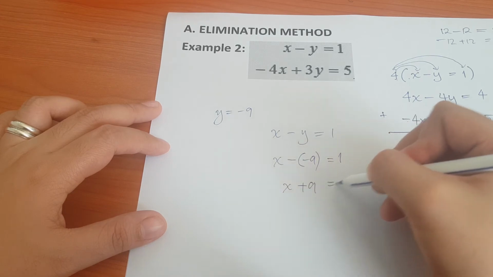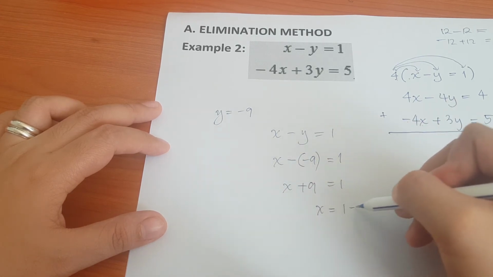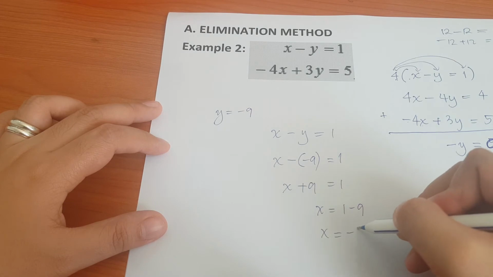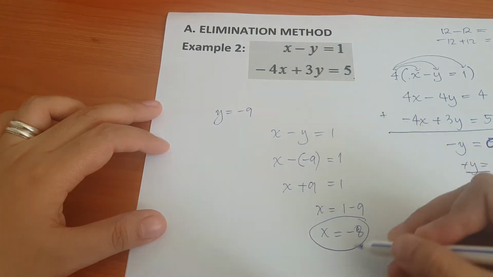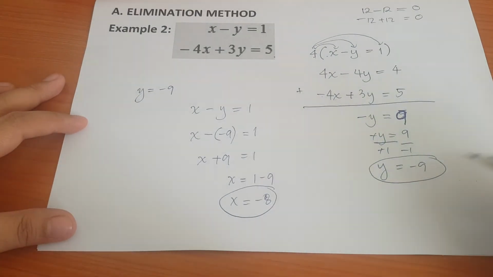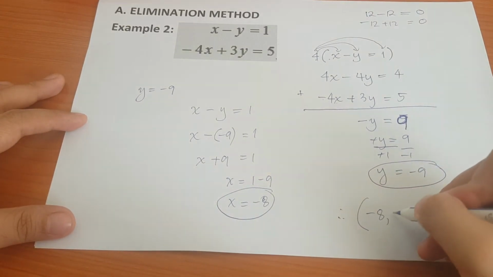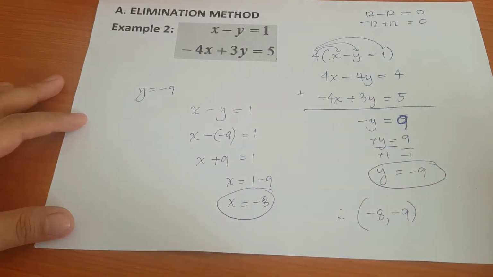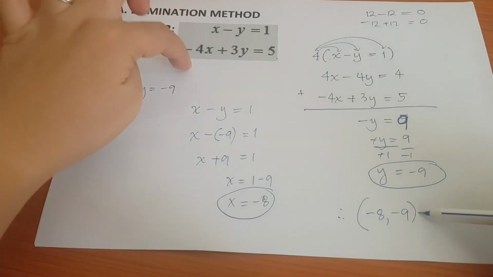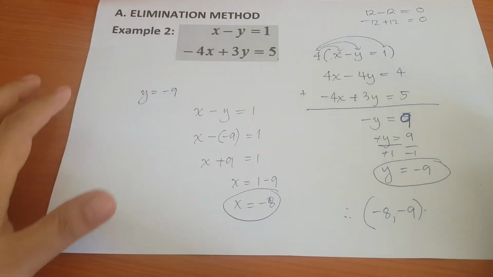So x plus 9 equals 1. So x is 1 minus 9, which is minus 8. So my value of x is minus 8 and my value of y is minus 9. Therefore, minus 8, minus 9 is the intersection point of these two lines.